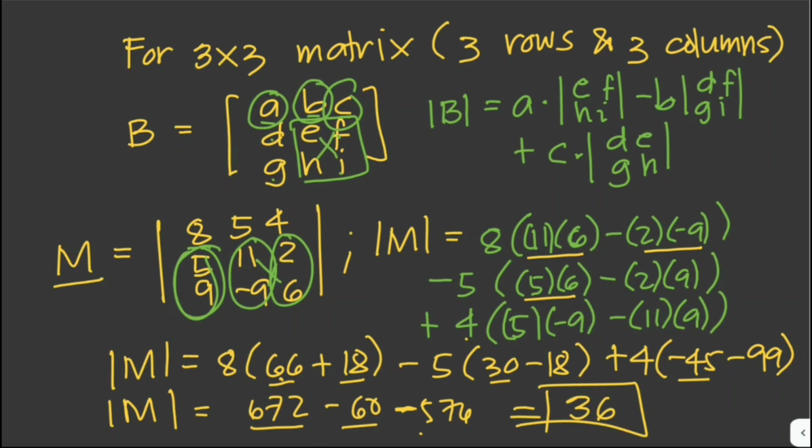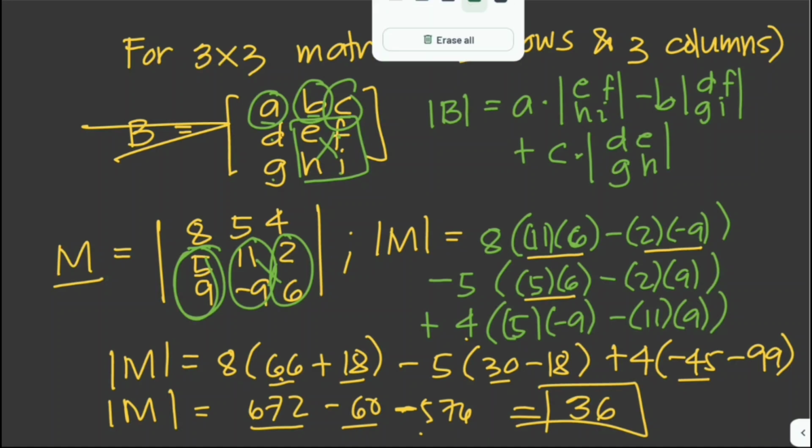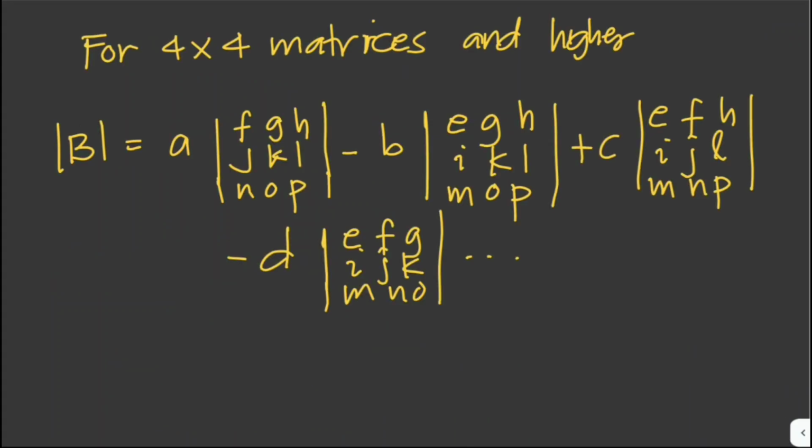And for the other matrices of 4 by 4 and higher, it will be the same pattern. It will just continue. So you just have to take note of the plus minus sign pattern. You just have to remember it. It will be the same pattern for 4 by 4 matrices, and then for higher matrices, 5 by 5 and so on. So you just have to remember this pattern.